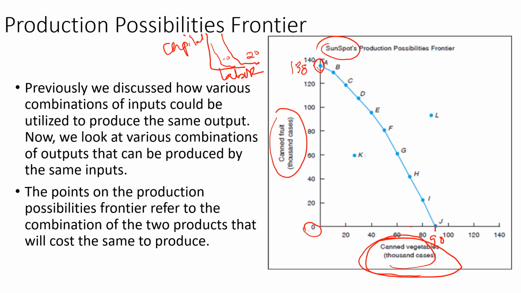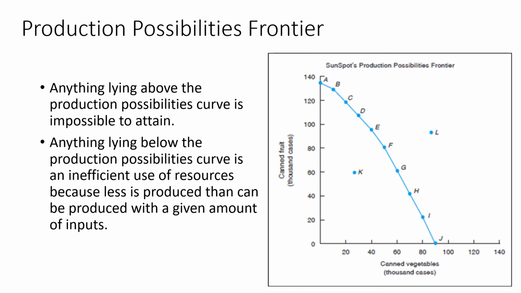Or they could produce any point combination on this graph. So they could produce 80 cans of fruit and 60 cans of vegetables. Ultimately, we're going to want to figure out what combination is going to maximize their profit. So we'll take a look at that in future slides. Anything that lies above the production possibilities frontier is unattainable.